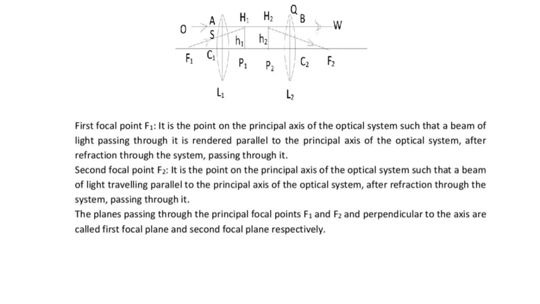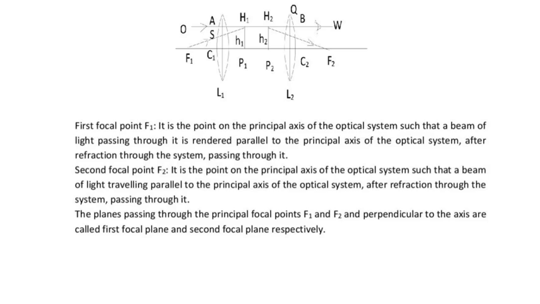First focal point F1: it is the point on the principal axis of the optical system such that a beam of light passing through it is rendered parallel to the principal axis of the optical system after refraction through the system.